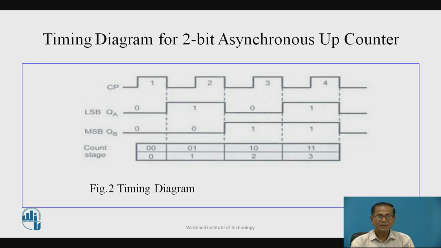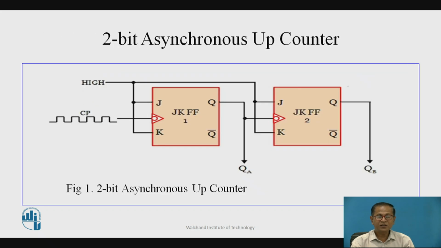This is the timing diagram. Let us see how it works. Initially, assume that both flip-flops are in the reset state, so QA, QB are both 0 0. At the first falling edge, as J and K are both connected to logic 1, flip-flop A toggles and QA changes from 0 to 1.